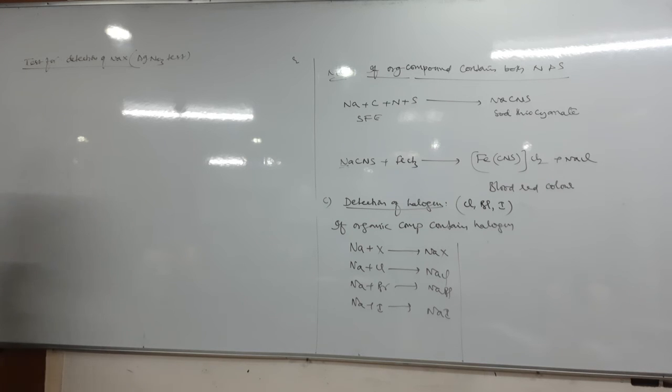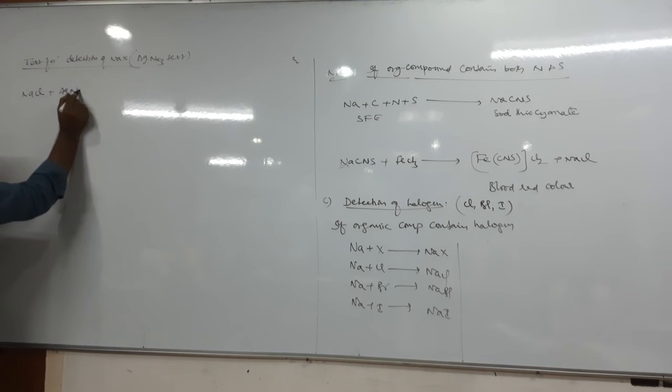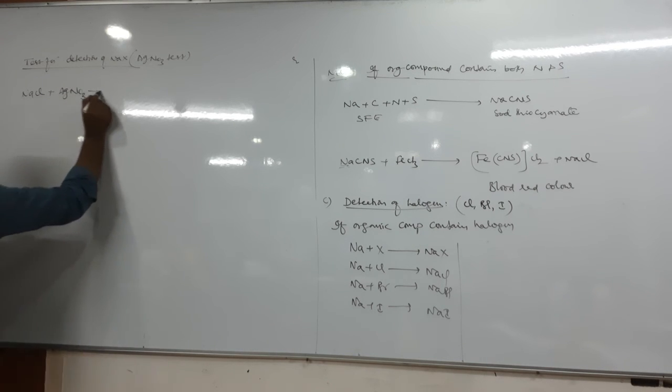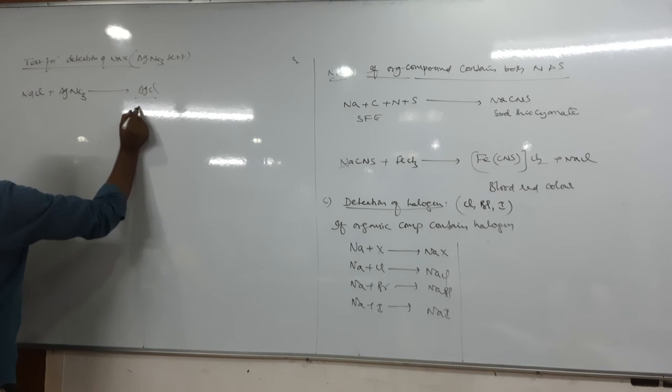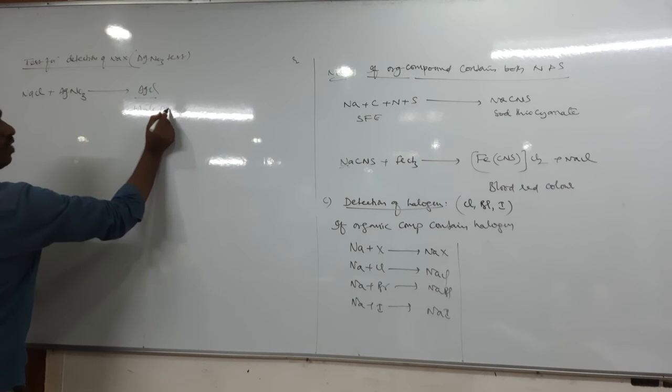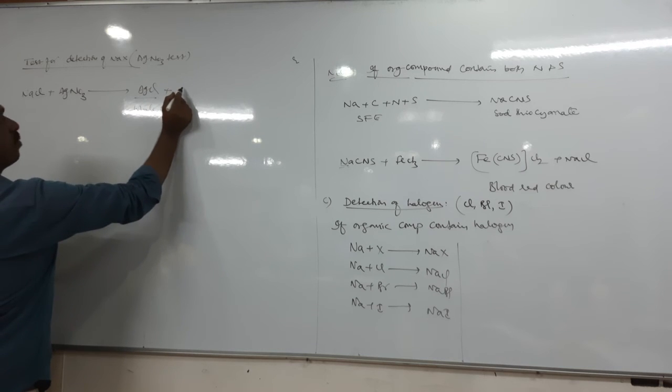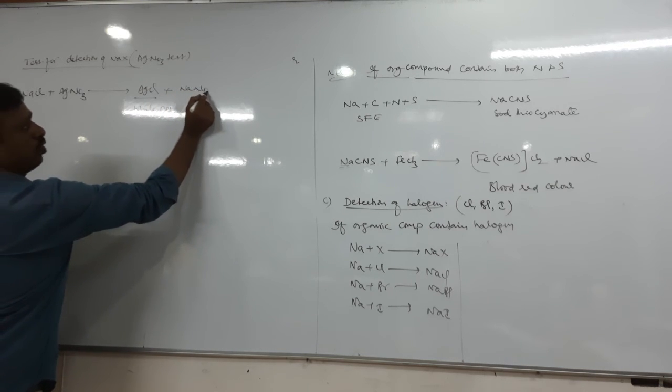Fine. Tell me, if an organic compound contains chlorine, it forms NaCl. Now this NaCl is treated with silver nitrate, then what is the possibility? Immediately a white precipitate of AgCl will be formed, then the remaining is NaNO3.